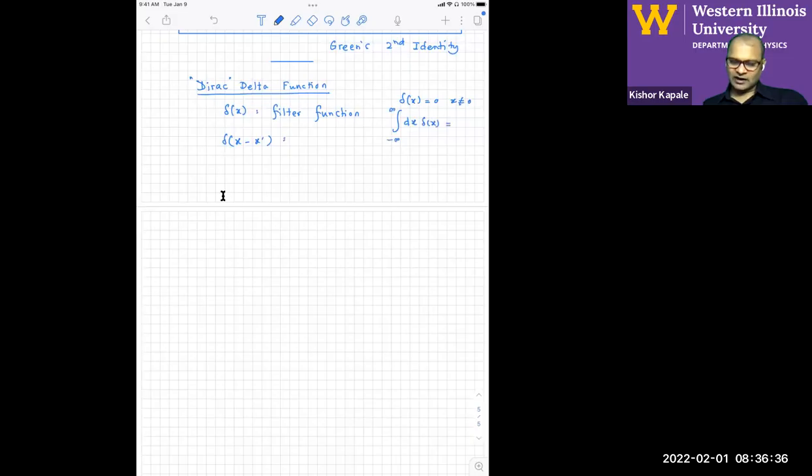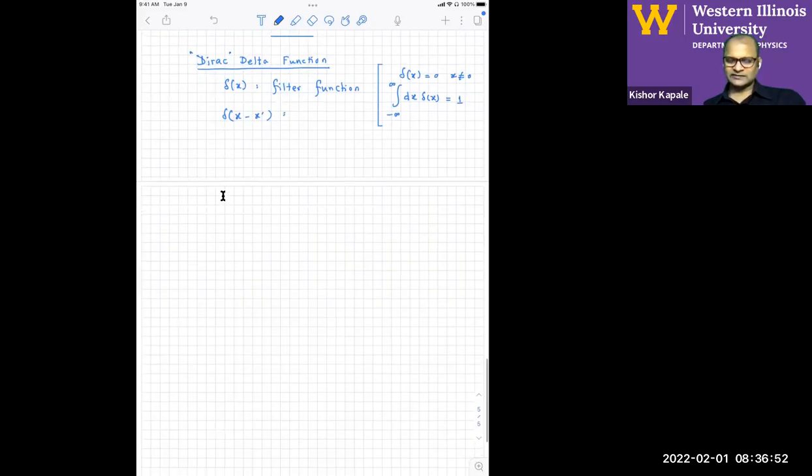It is basically defined through an integral. So the delta function is defined only through the integral. So that's the definition. Without that integral, the delta function has no meaning, right? You can't really ascribe a specific value to it.